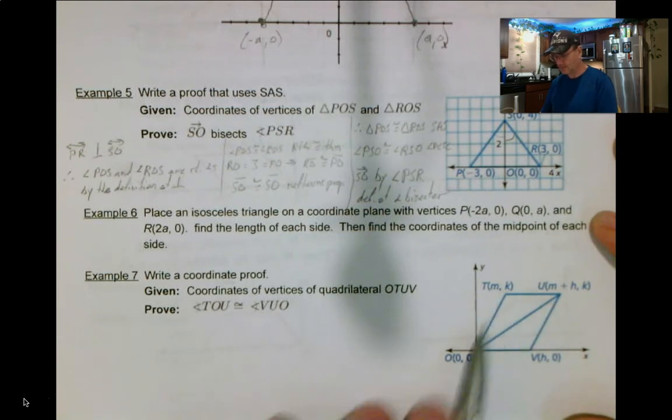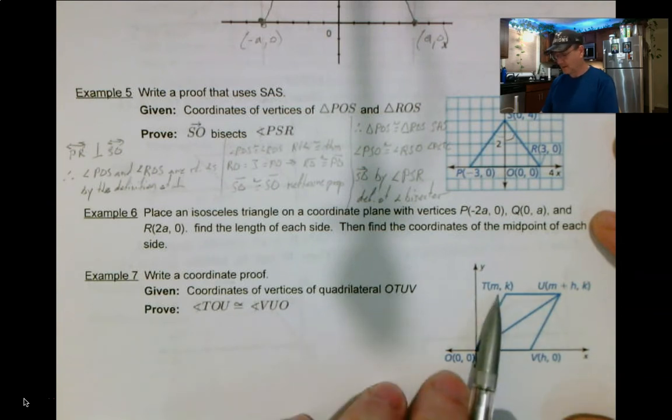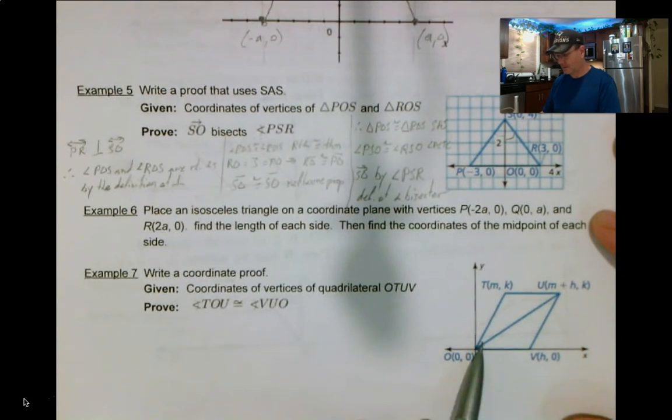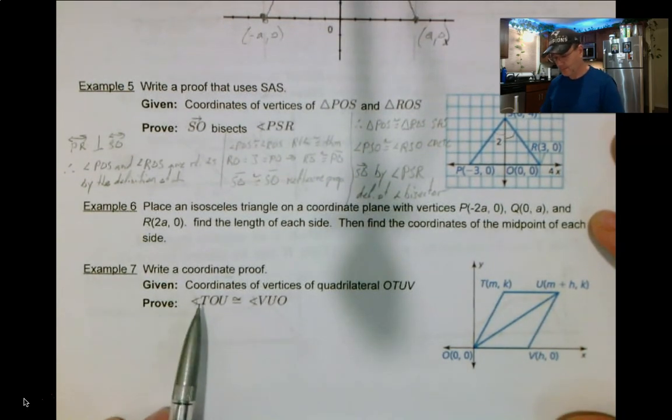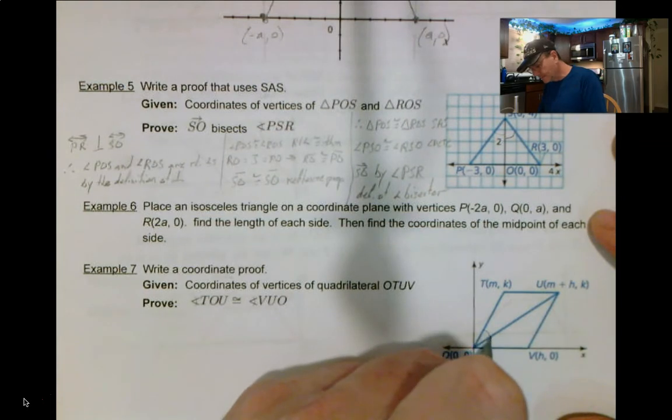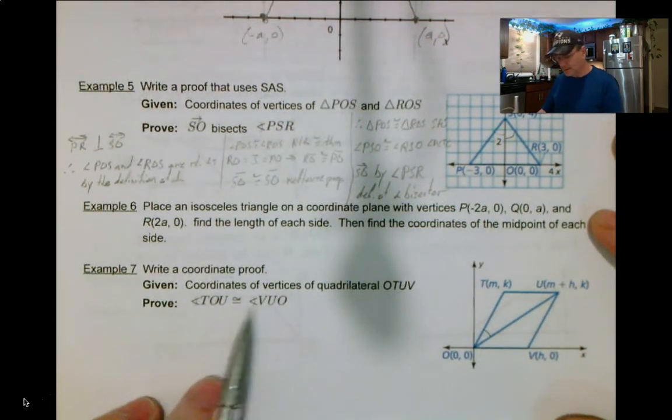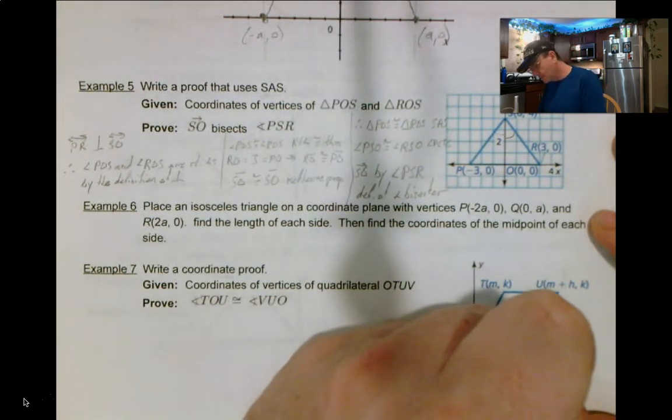I don't know the length of this because it's going to be the square root of m squared plus k squared. And this will end up being exactly the same length. So we want to prove that angle TOU, which is this one here, is congruent to angle VUO, this one here.